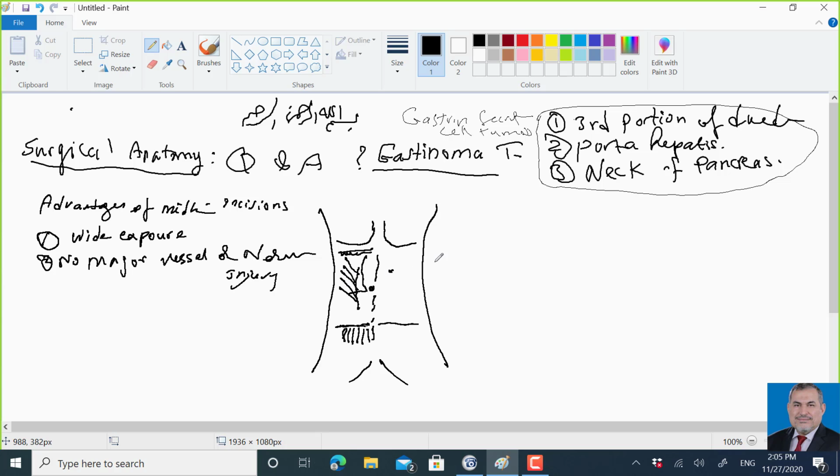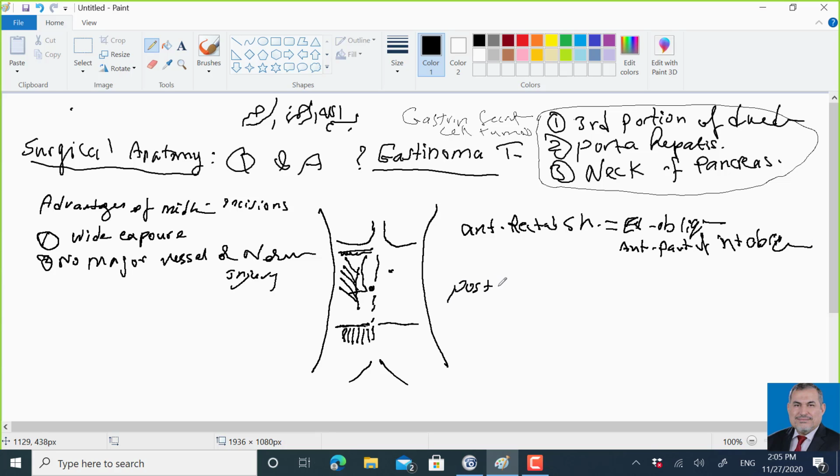This is anterior rectus sheath: external oblique plus the anterior split or anterior part of internal oblique.